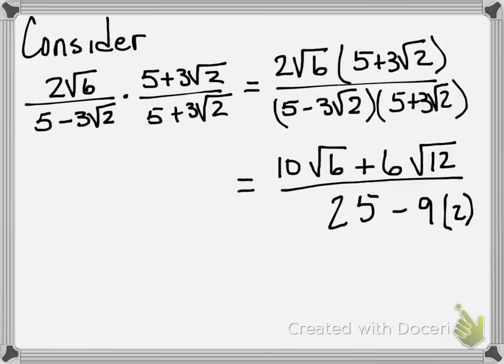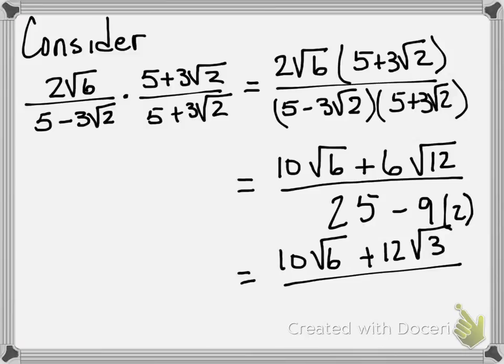So, ladies and gentlemen, what you end up with on top is 10 square root of 6 plus 12 square root of 3, because we break 12 down and bring the number out. And on the bottom, this becomes 25 minus 18.